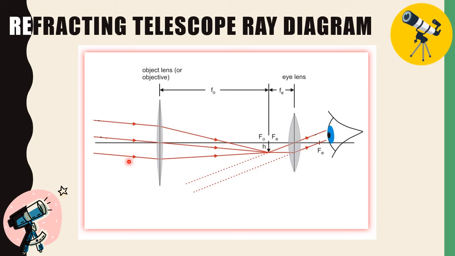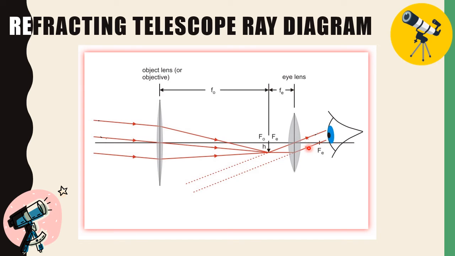So a simple refracting telescope consists of two lenses. Which are the two lenses? The objective, which faces the object, may be a star or a planet or any astronomical object, and the second one is the eyepiece, through which we view the object.